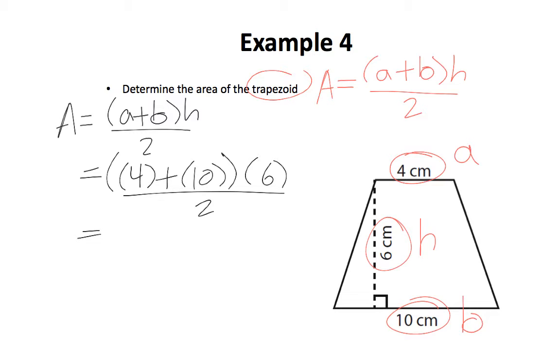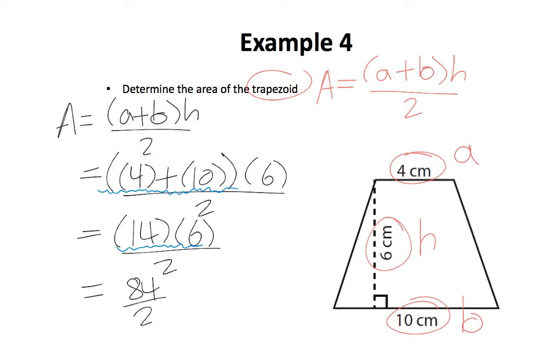So we now need to do BEDMAS. So according to BEDMAS, you need to do whatever's in the brackets first. 4 plus 10 is 14. Everything else stays the same. What you could do next is multiply. So we can multiply 14 by 6, which happens to be 84.